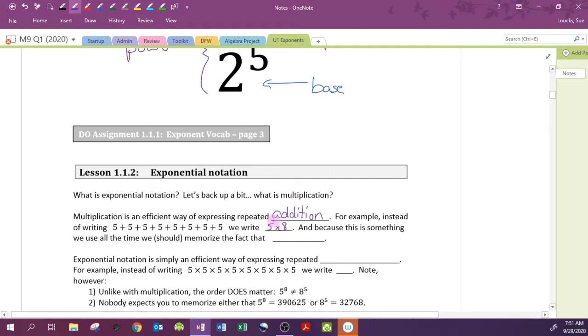So we're adding up 8 fives. And because this is something we use all the time, this is one of our number facts, we should theoretically memorize the fact that 5 times 8 equals 40. And that's definitely in the times tables that you should know.